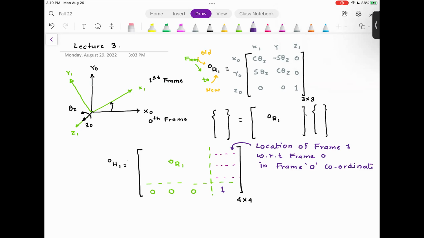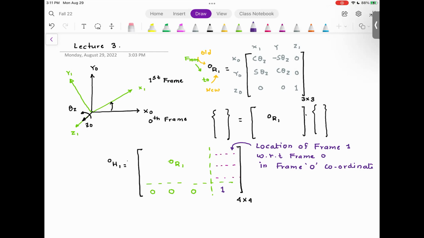Everyone understood this? Now this translation is super critical because if you have translation, right now we have a choice. That translation can be expressed in the first frame or in the 0th frame, because these are 2 different coordinate systems. Right now they are coinciding, but they could be apart. So which frame should we use?